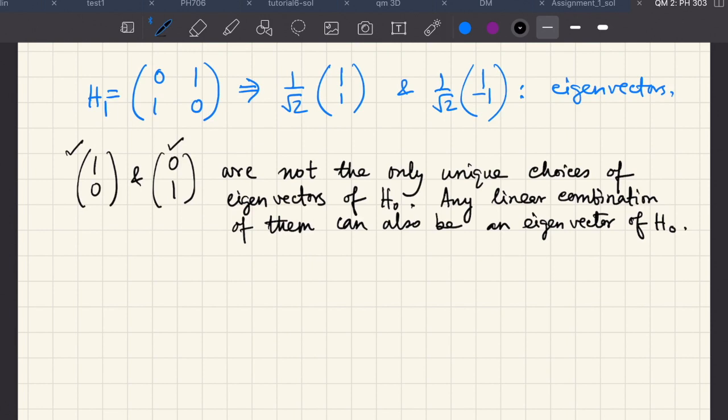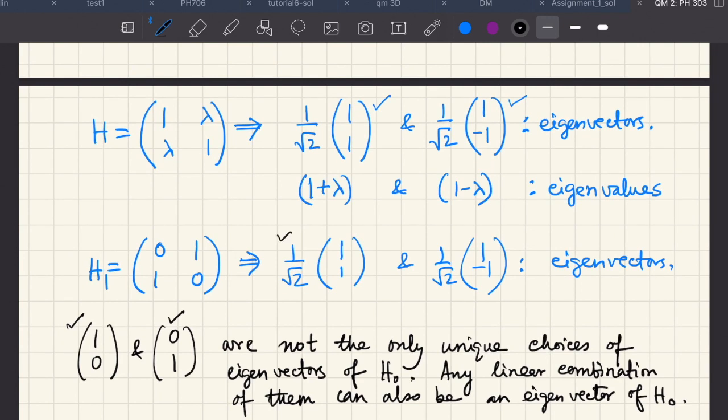In fact, you have to recall that when we have a degenerate eigenstate, any superposition of these eigenstates will be a degenerate eigenstate. So this is what happens. In some sense, the eigenvectors of the perturbed Hamiltonian, which I wrote here as (1/√2)(1, 1) and (1/√2)(1, -1), are one of the possible choices of a basis of eigenvectors for the original space.